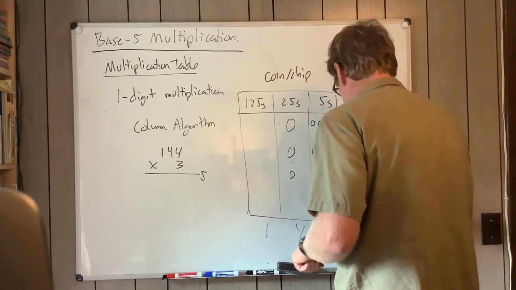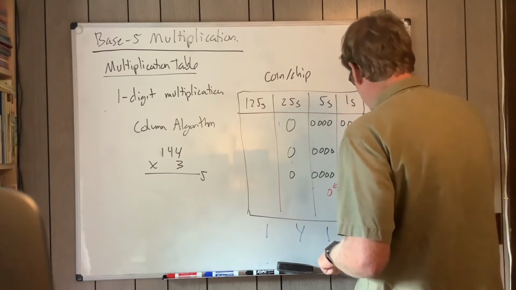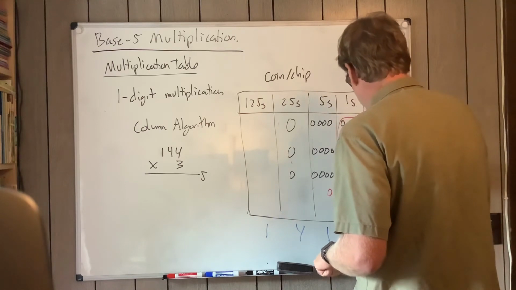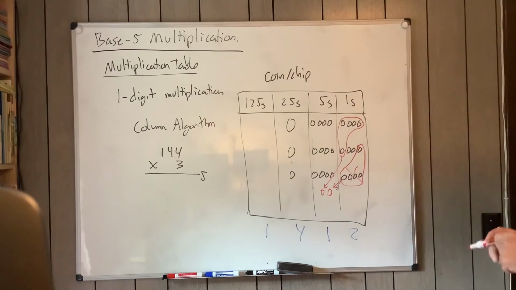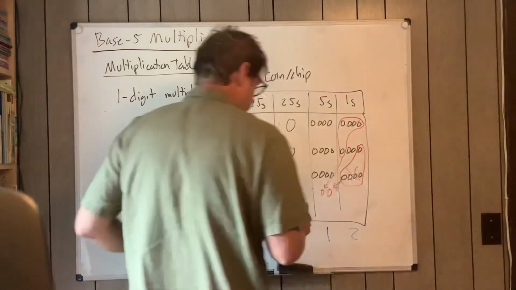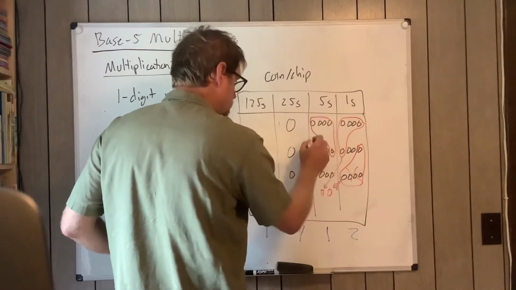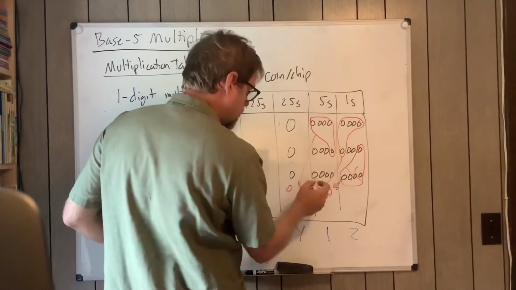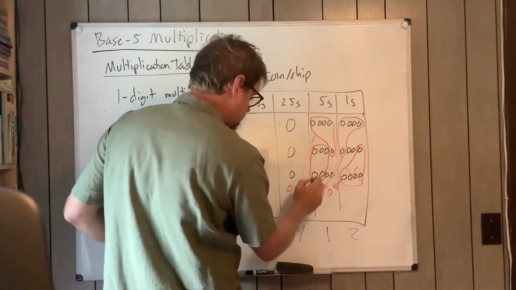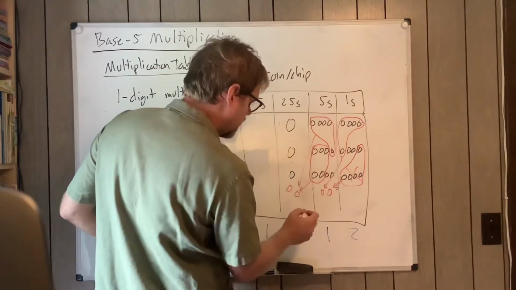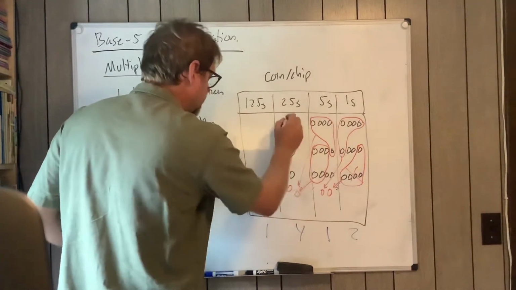So there's 1. And that. 4, 5. And I'm left with 1, 2, 3, 4, so I don't need to do any more. 1, 2, 3, 4, 5.